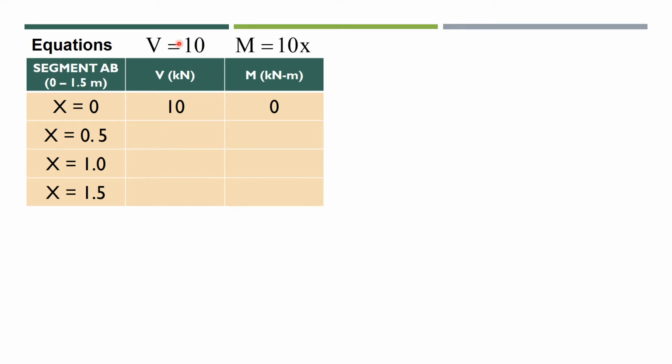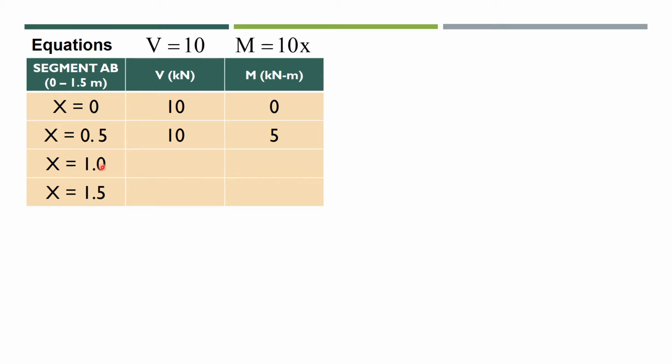So again, wala tayong variable dito na x para mag-substitute ng 0.5. So the shear value remains the same. And for the value of moment, if x equals 0.5, you substitute x as 0.5 here. So you get M equals 10 by 0.5 or 5 kilonewton meter.